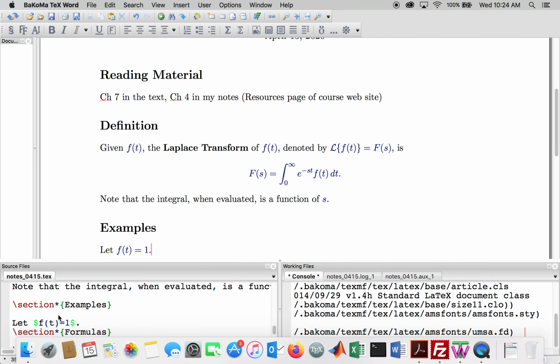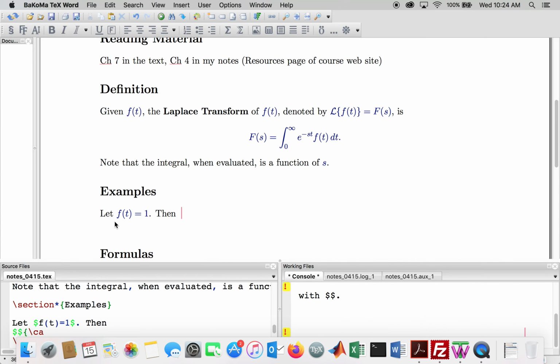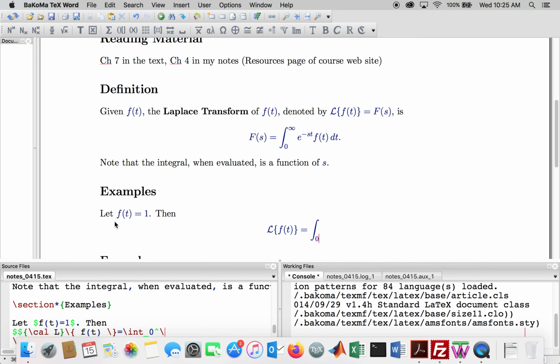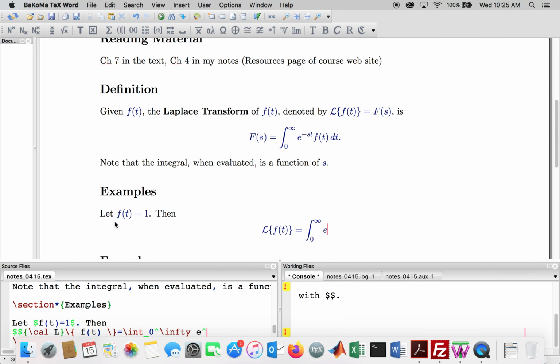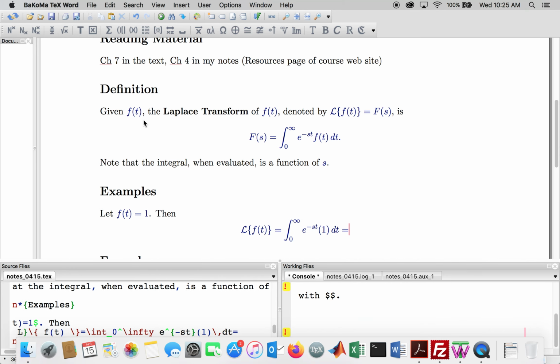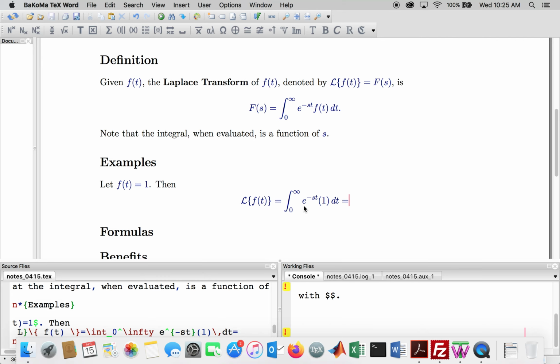So I'm going to show a couple examples. Let f of t be equal to 1. Then the Laplace transform of f of t will be equal to the integral from 0 to infinity of e to the minus st times 1 dt. So now we're just going to integrate e to the minus st from 0 to infinity.